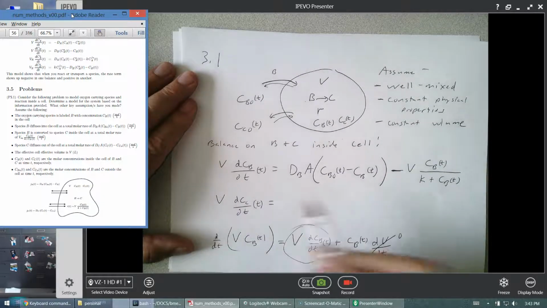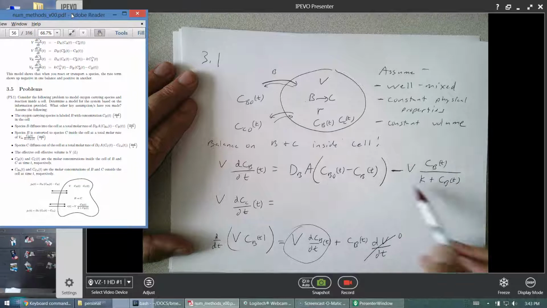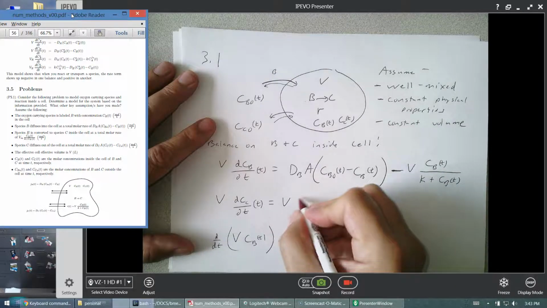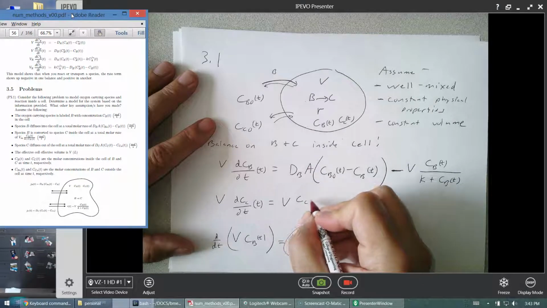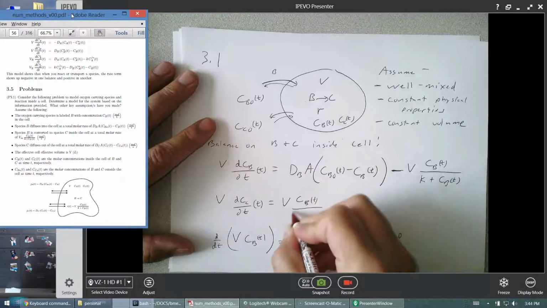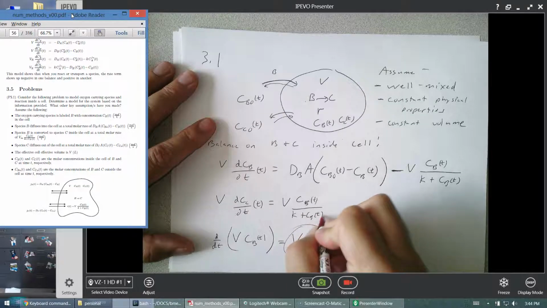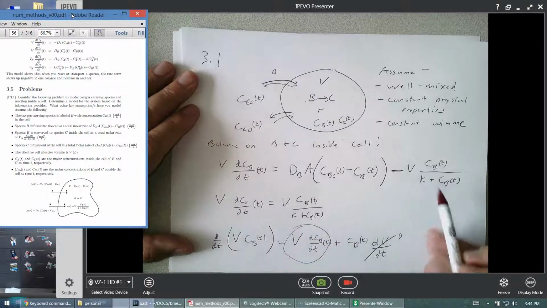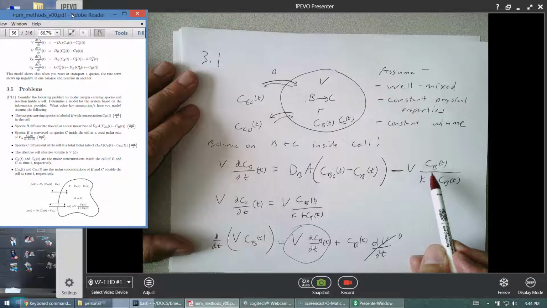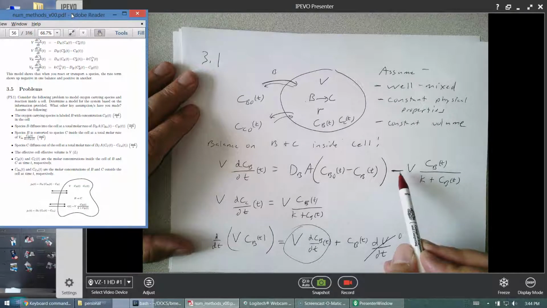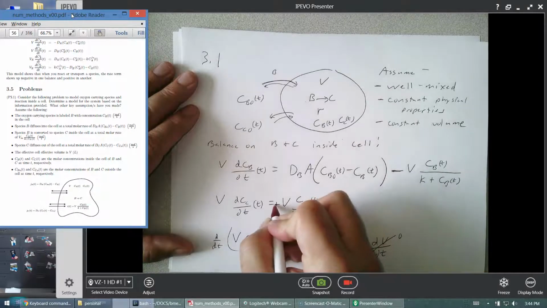Let's do C. Every time we react one molecule of B, we create a molecule of C. So the reaction rate there is going to be V C sub B of t over K plus C sub B of t. The total reaction rate does not change. In the first balance, B is being consumed, so it's a negative value. Here, we can even write a positive here.